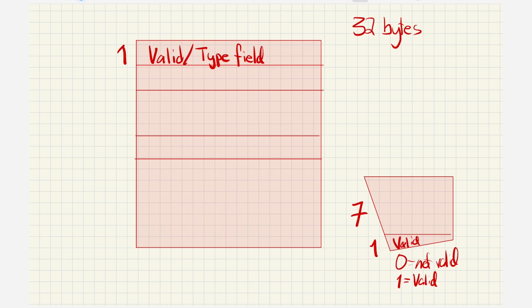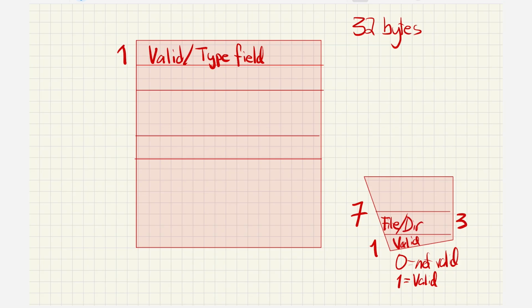And the rest of the 7 bits are divided as follows. So we have 3 bits, which is in use, and that will tell whether this is a file or a directory. That's the only two things that's supported.